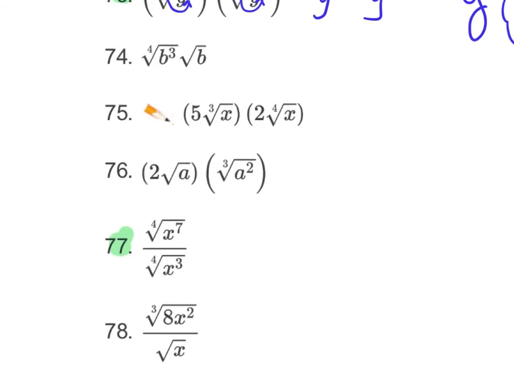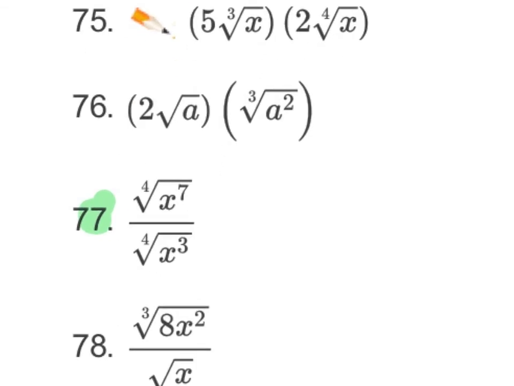What do you notice here? Just right off the bat, what do you notice? Anybody notice anything? Yeah, the same root. So go to rational. There's a couple ways you can do this. You could just say, oh, look, I'm dividing. So you could say 7 minus 3 is 4, and then you'd have the 4th root of x to the 4th.